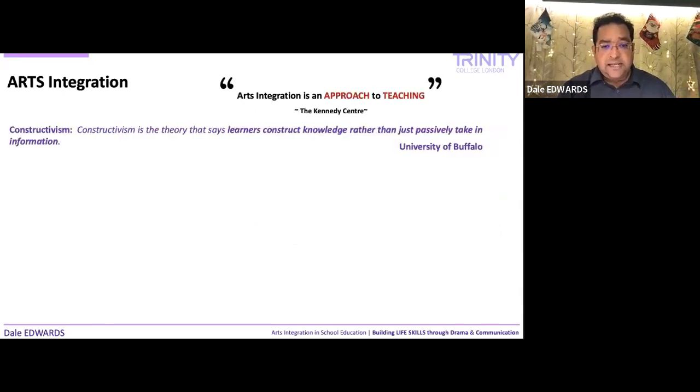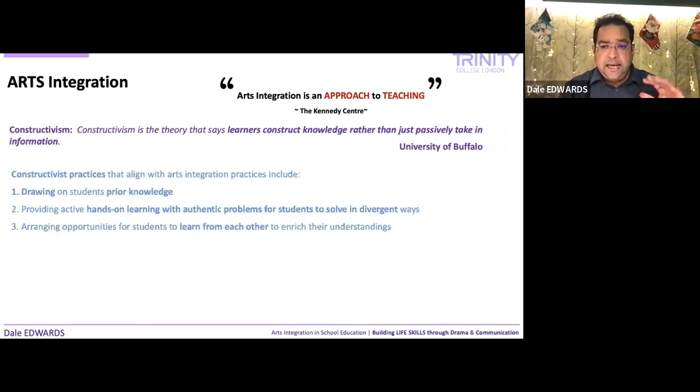Now, if we look at this even a little deeper, we referred to constructivism, which Piaget first introduced us to. It basically says that learners construct knowledge rather than just passively take in information. So what this really means is that in this process, students draw on their prior knowledge.